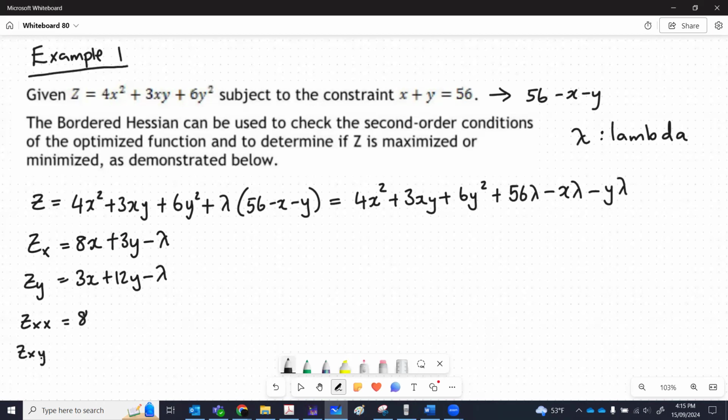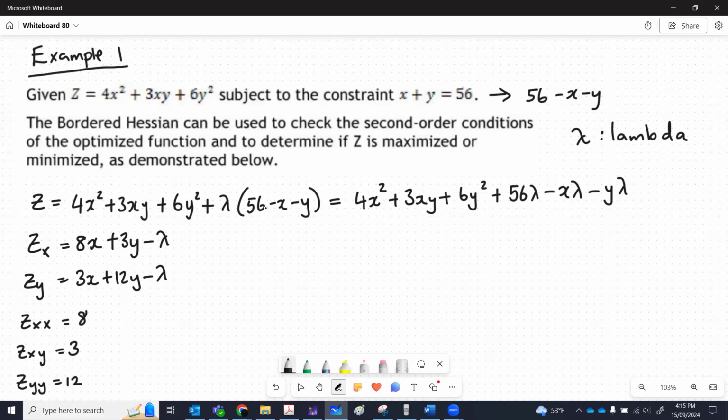Then we look for zxy or zyx. We differentiate this one with respect to x, we would get 3. We differentiate this one with respect to y, we would also get 3. We know that they must be equal. And then we have zyy. So this is 0, and this gives us 12.